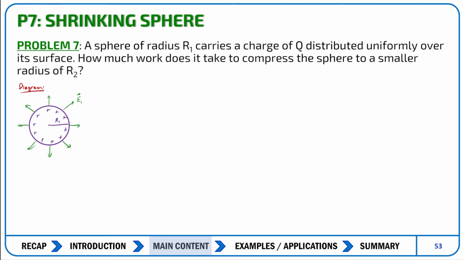Now, what happens after? We're going to shrink it, and we end up with a much smaller sphere, now with a radius of R2. The charge density is going to be more condensed, but we still have that charge there.